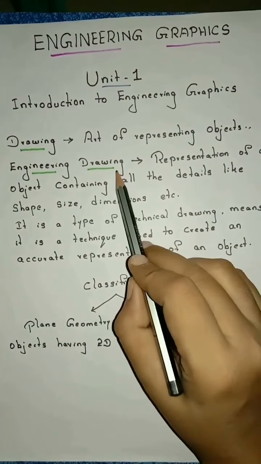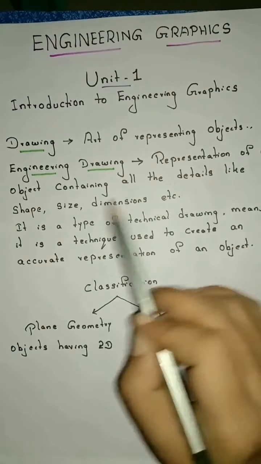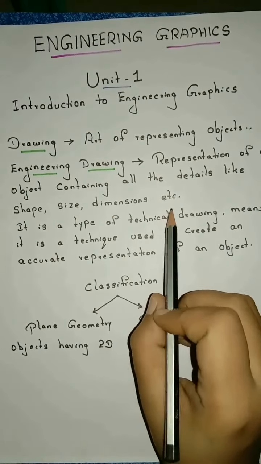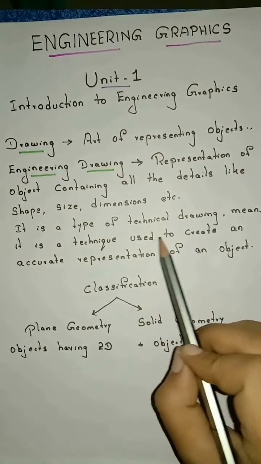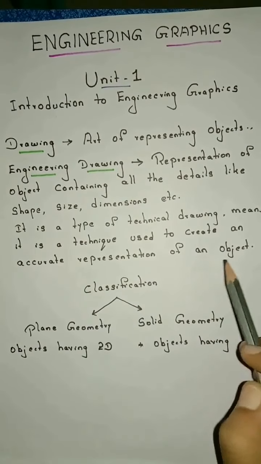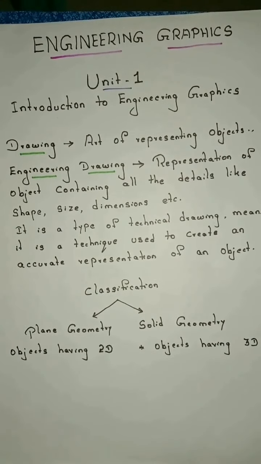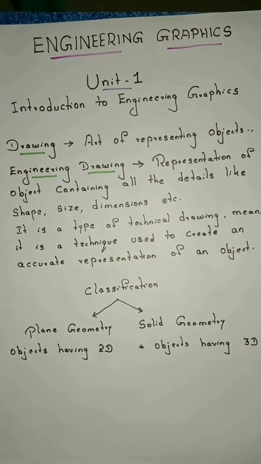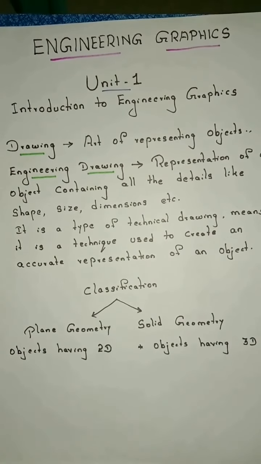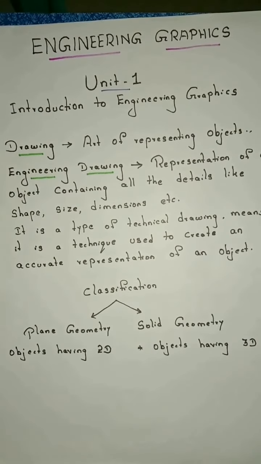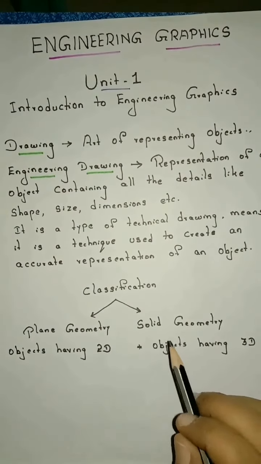Engineering drawing is a representation of an object containing all the details like shape, size, dimensions, etc. It is a type of technical drawing, a technique used to create an accurate representation of an object. Please first know what is meant by engineering drawing. We should follow all the rules and regulations, the correct dimensions, and the shape and size. If you follow all rules and regulations, it is nothing but engineering drawing.